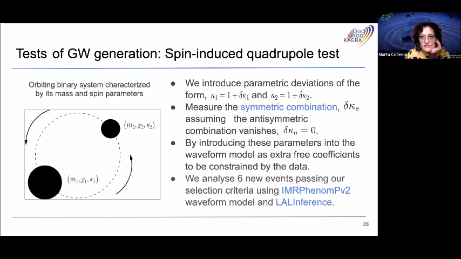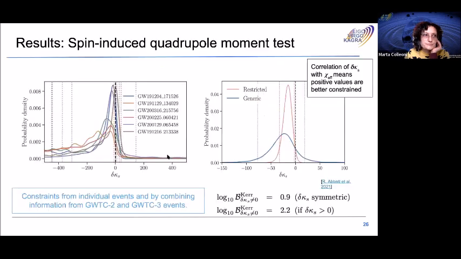And we further assume that the antisymmetric combination of the 2 vanishes, which means that we take the 2 parameters to be the same. So we introduce these deviation coefficients in IMRPhenomPv2 waveforms and run the analysis to constrain possible deviations using LALInference.